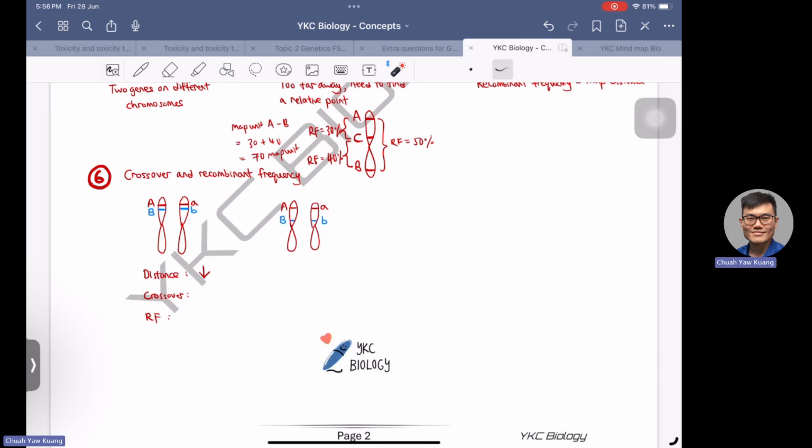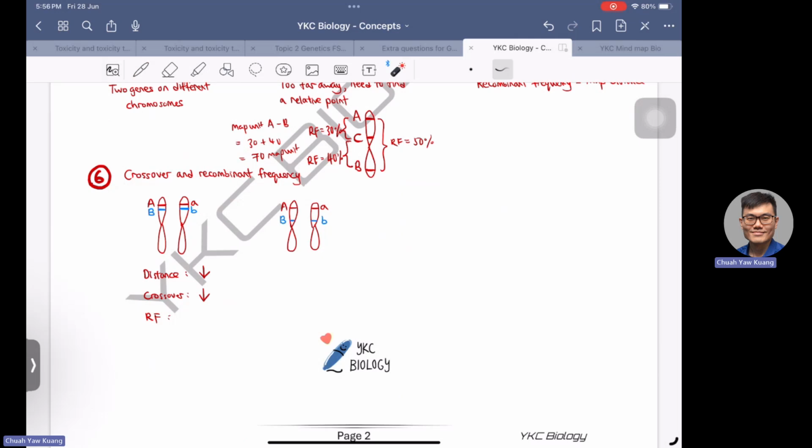For example, big A and big B alleles will tend to go into the same gamete, and small a and small b will tend to go into the same gamete. So the chances of crossing over to produce big A with small b, or big B with small a, will be lower. So the chance of crossover will be lower.